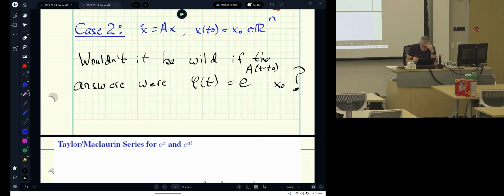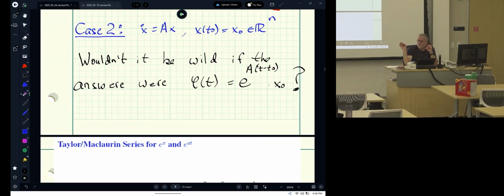But just with what we've done, if I plug in T0 here, I get T0 minus T0, and e to the 0 matrix is the identity. So T0 minus T0, this is identity times X0.